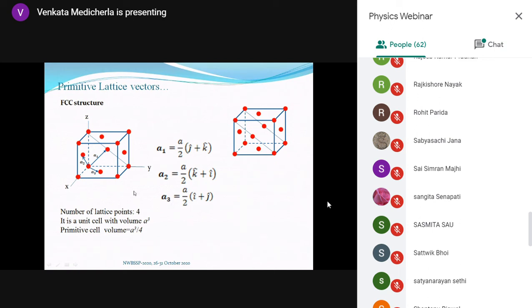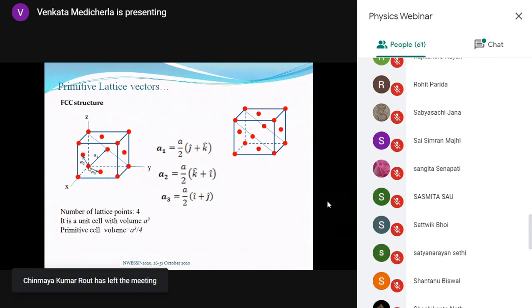We have taken the face centers of the planes which intersect at the origin. There are 3 planes intersecting at the origin: the YZ plane, the XY plane and the XZ plane. If you connect the atoms at those face centers, you will get symmetric primitive lattice vectors.